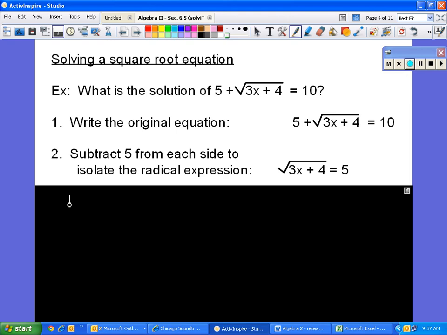Good answer, though. Miriam? What do you want to divide by? No need to divide. Matt? No. It's stuck underneath the radical sign. You can't divide. Well, it's already a square root.